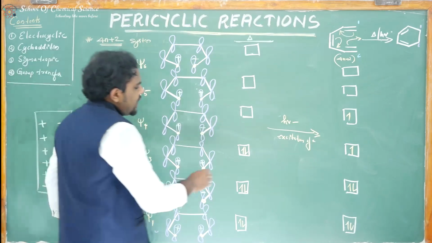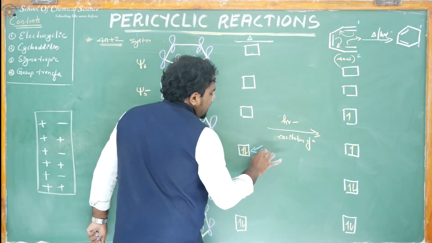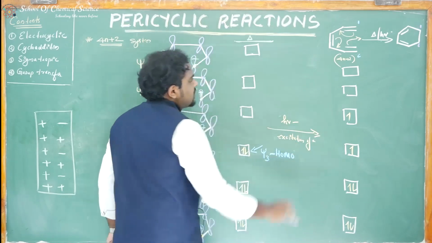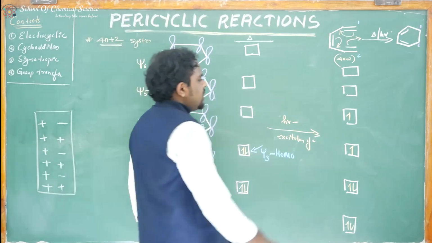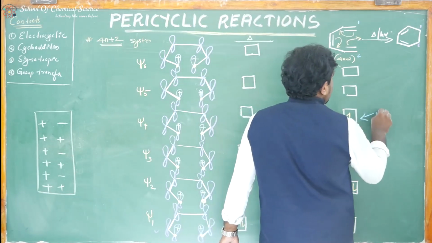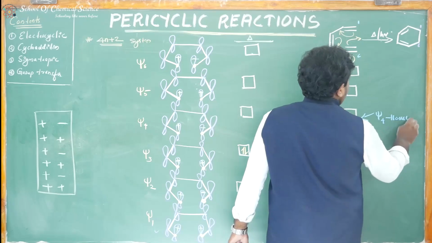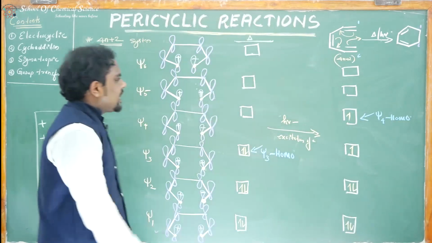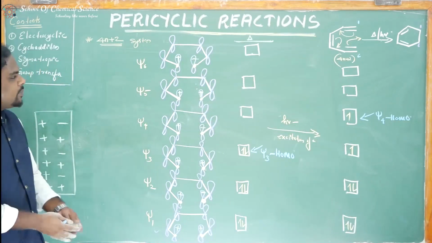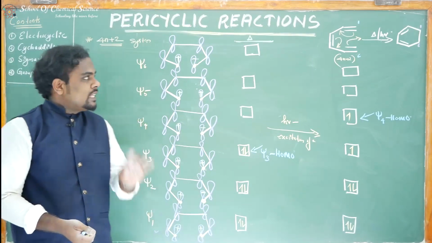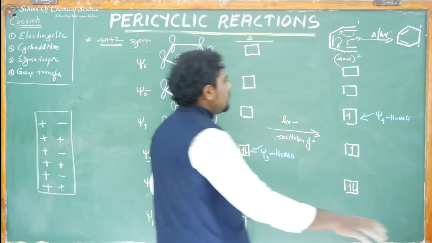So in thermal condition, psi 3 is the HOMO, and in photochemical condition, psi 4 is the HOMO. Clear? That is our key point.